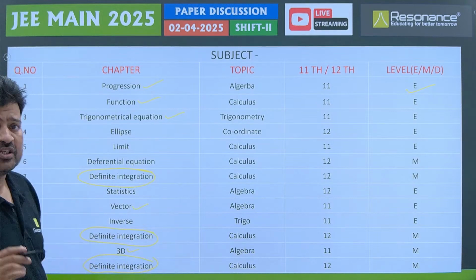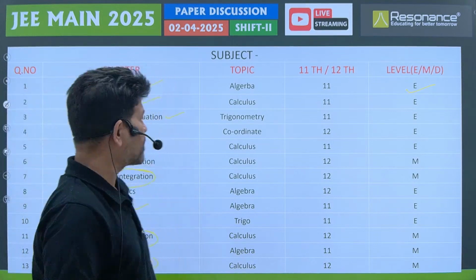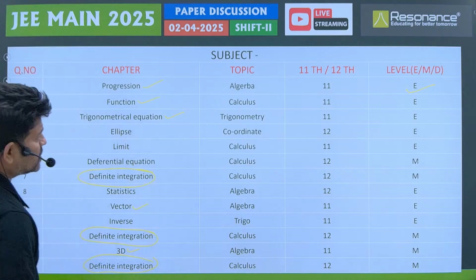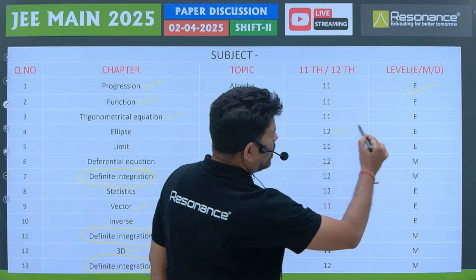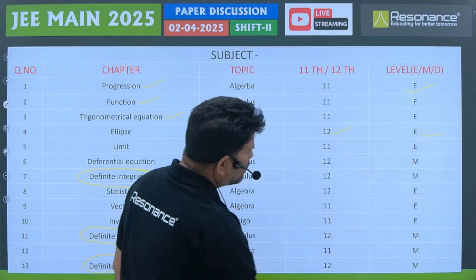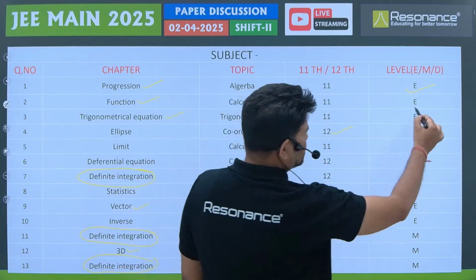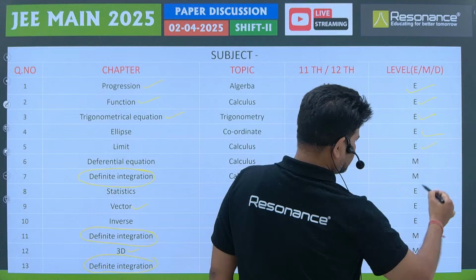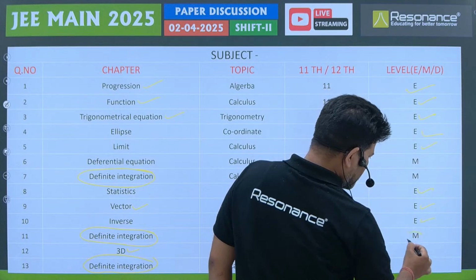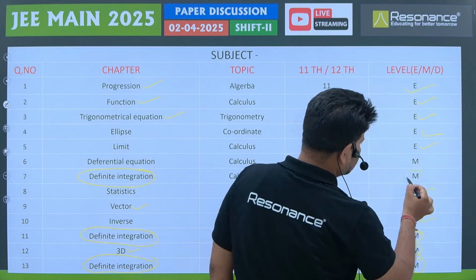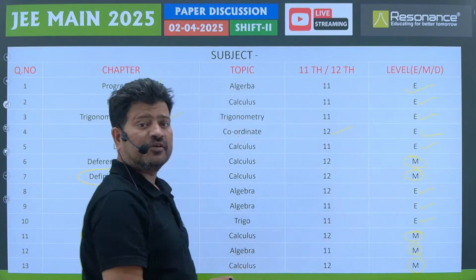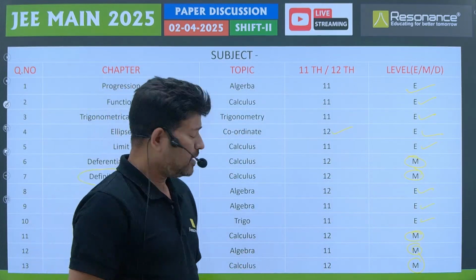This analysis is based on the 13 questions only. Ellipse, yeah, from the 12th, but this part is easy. Once you observe here, most of the questions are the easy part. Mediocre, moderate questions are there, but no question we can find which is a difficult one.